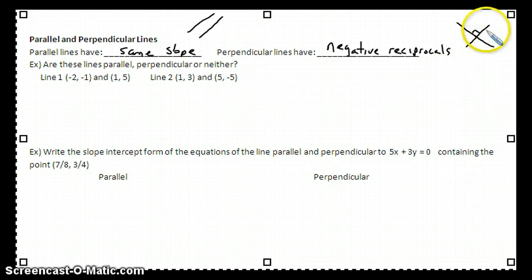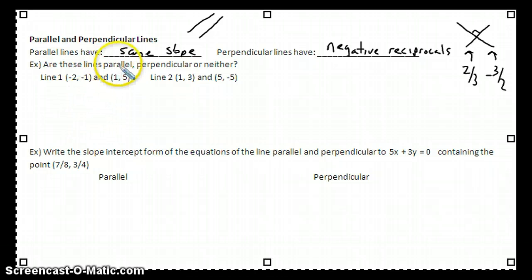Notice that one slope has to be positive, one slope has to be negative, so that's where we get the negative part. And flipping the fraction around is the definition of reciprocal. So, for example, if I knew that the slope of this line was 2/3, then the slope of this line, if I knew that it was perpendicular, would be negative, and then the reciprocal, 3/2. So this is an example of what I mean by negative reciprocals.